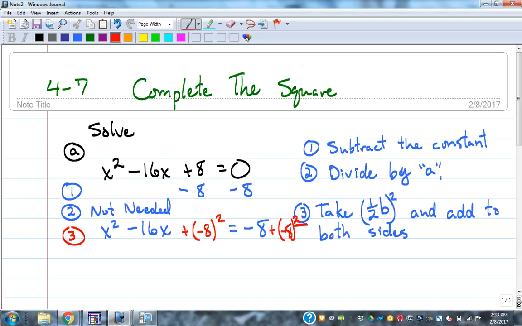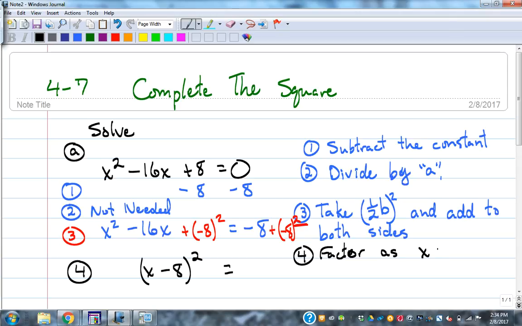Now, here's where the complete the square gets easy. Once you've done it to this side, the factoring, you don't even have to think about it. It always will factor as x minus or x plus 1/2 of b. So step 4 is factor as x plus 1/2 of b squared.